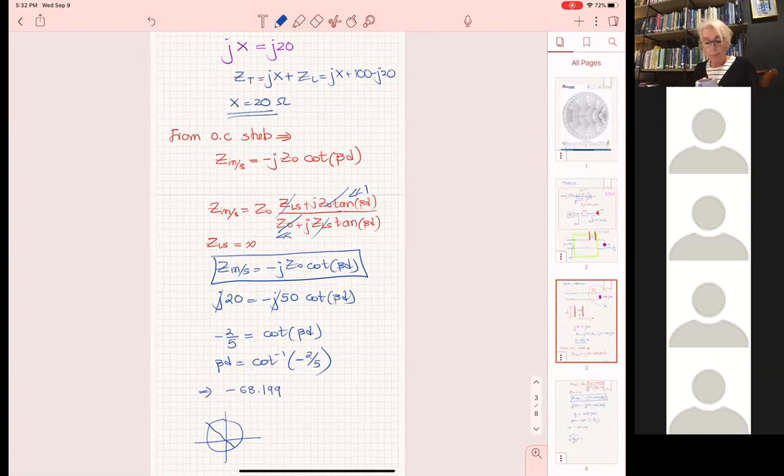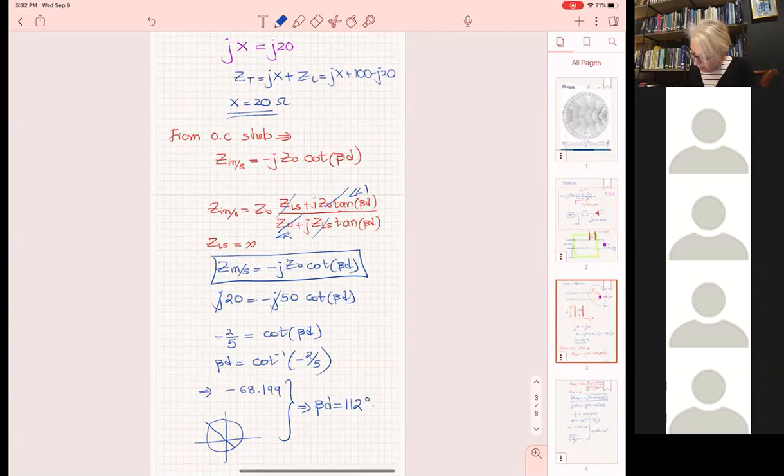So then you can get a calculator and find 68.199 minus 180. That gives us beta D will be equal to 112 degrees, okay?